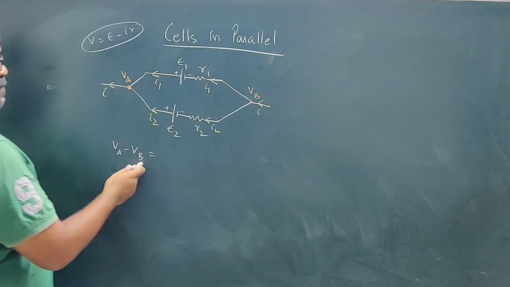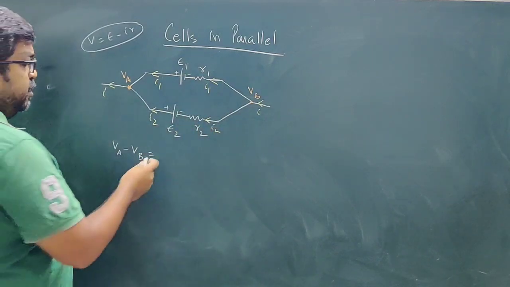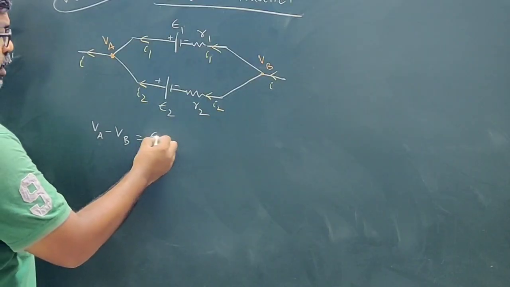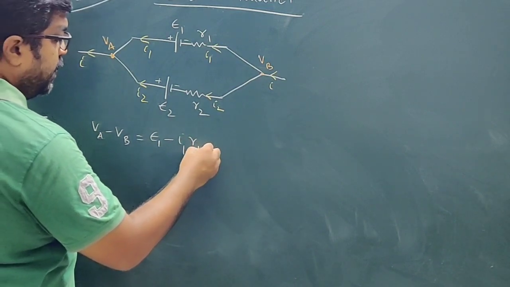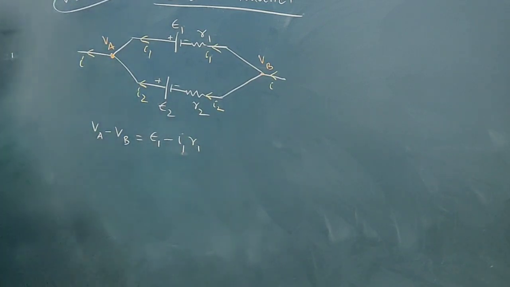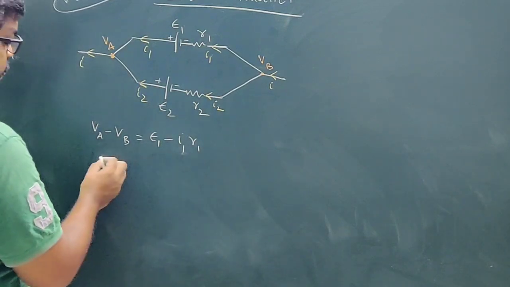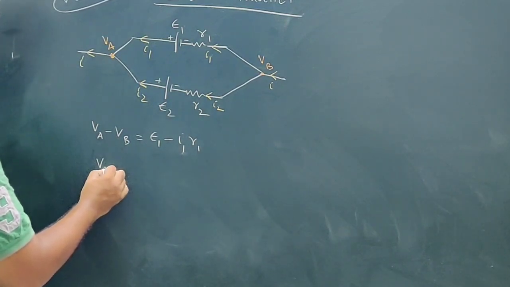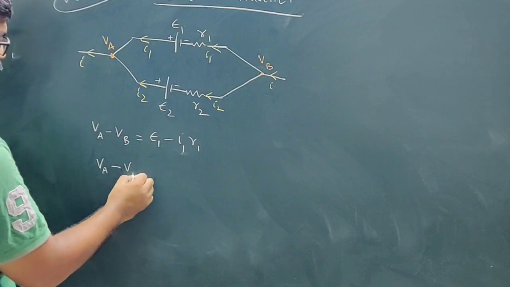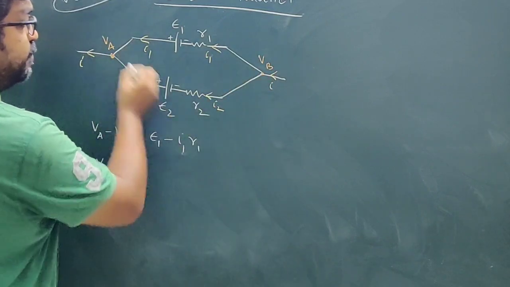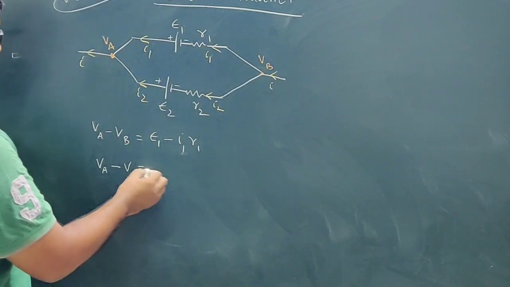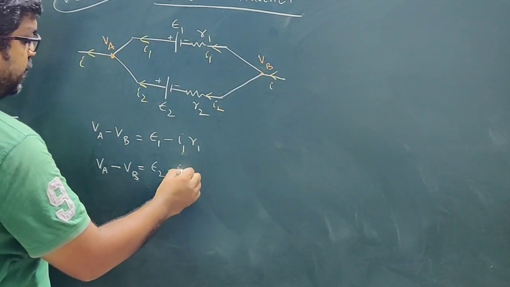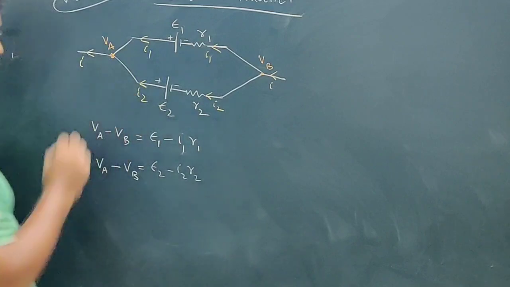So VA minus VB is the potential difference, and it is equal to E1 minus I1 R1. Similarly, I can write VA minus VB for this second cell of EMF E2. It is equal to E2 minus I2 R2.